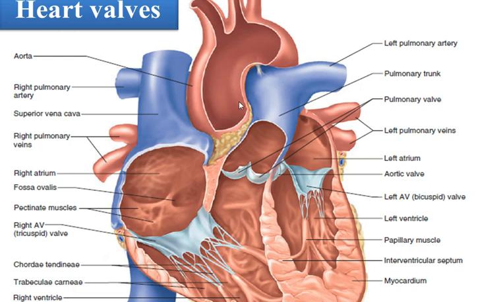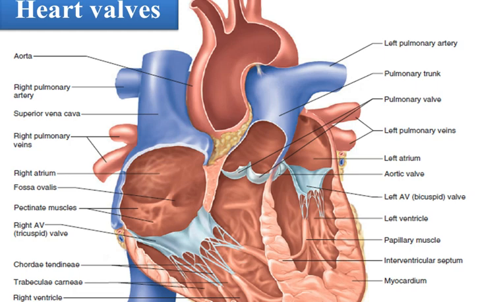This is the aorta, and here we have a semilunar valve, as well as the pulmonary valve, which separates between the right ventricle and the pulmonary trunk, which supplies the lung with blood for oxygenation.